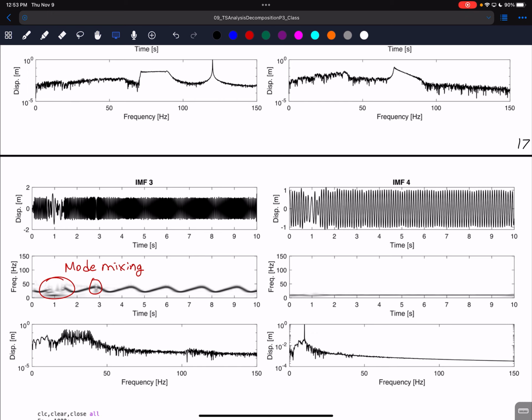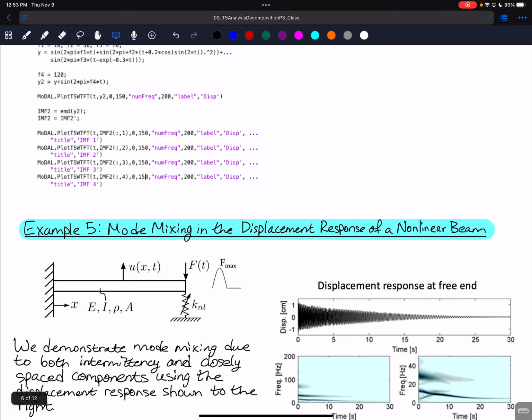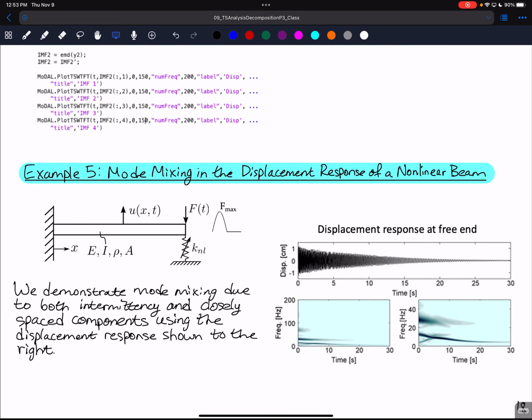Okay, so we'll take a look at another example. I don't have any code for this example. In fact, you're going to end up studying the data from this system in the worksheet we're going to do today. We're just going to consider our beam. The parameters are just steel, a standard beam, and the length is around 1 meter.